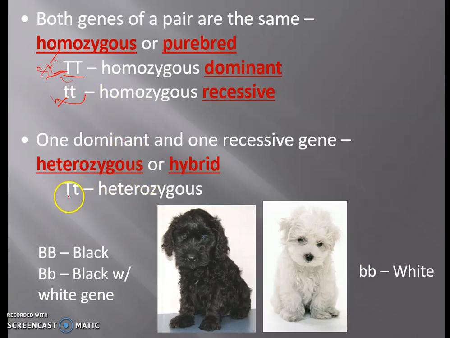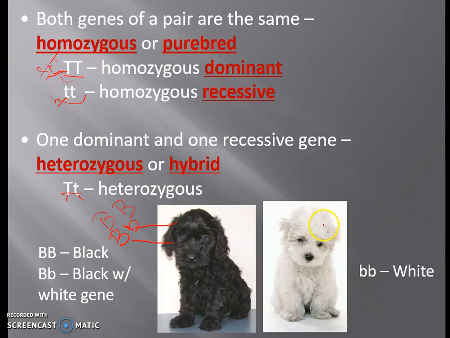But if it shows heterozygous or hybrid, then one allele is going to be dominant and one is going to be recessive. So let's take an example of puppies. If the puppy is black and homozygous, it's going to be capital B and capital B. And in case it is still black, there is another possibility that it can have a capital B, which is dominant, and a lowercase b, recessive, but it will show a black color because there is a dominant allele present.